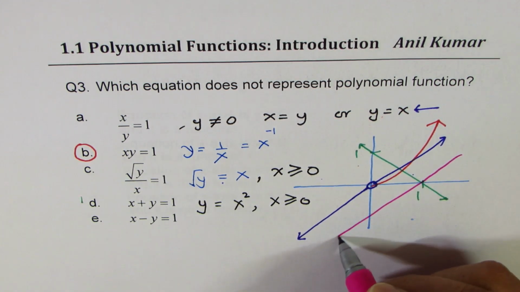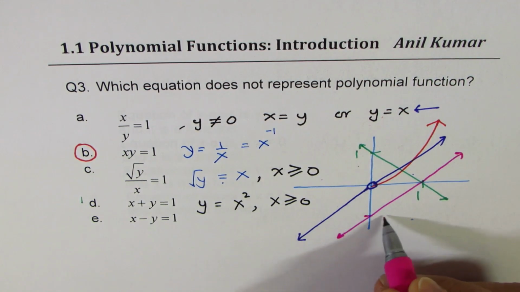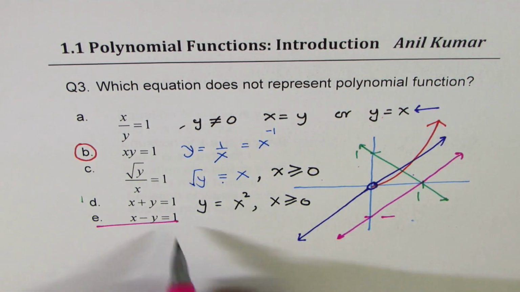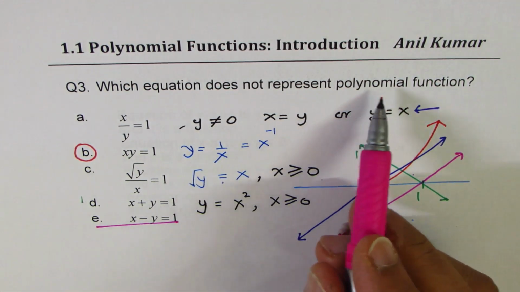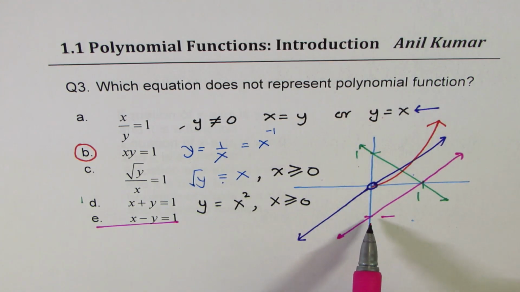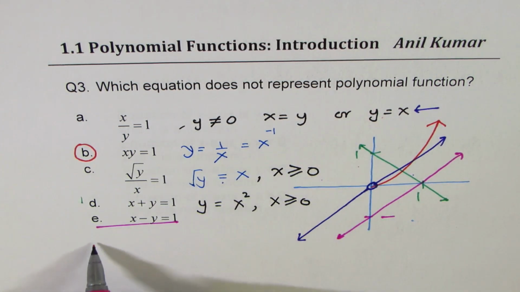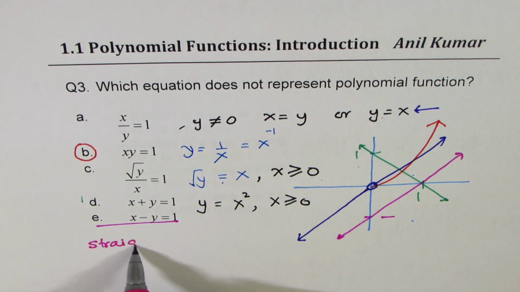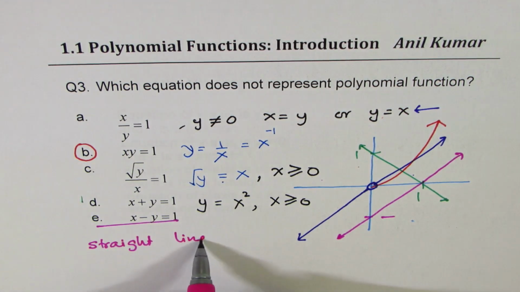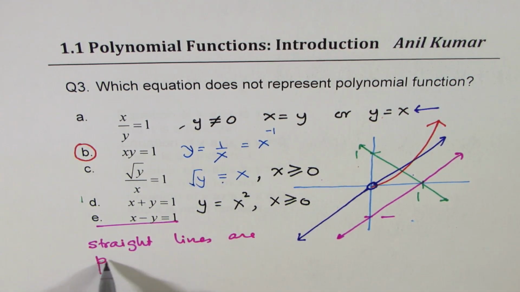So this line here is E, right? But straight lines are polynomials of degree 1. So these are polynomials. Remember, straight lines are polynomial functions.